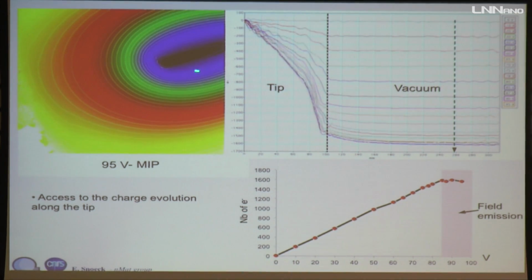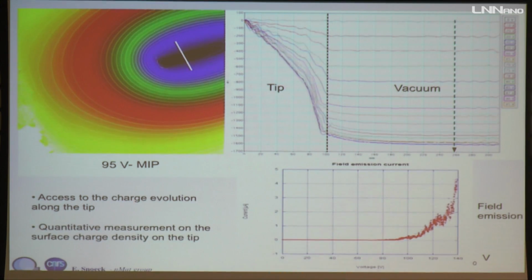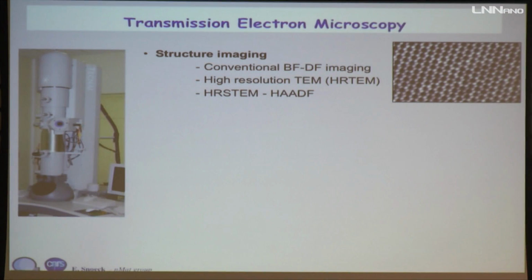This is in the direction of the tip, meaning that you have more electrons located in the vicinity of the tip than close to the starting point of the tip. Okay. And then you have the field emission and you can combine them.